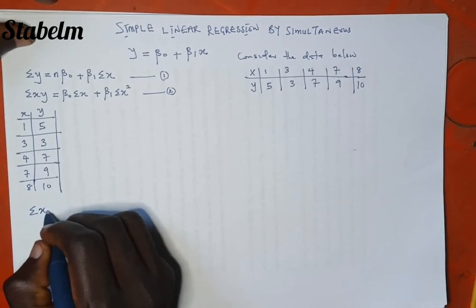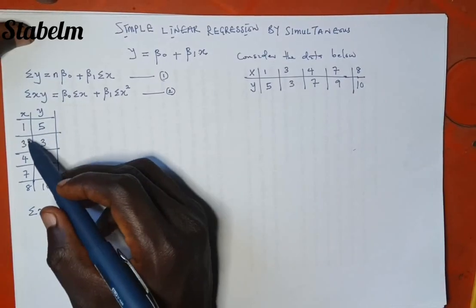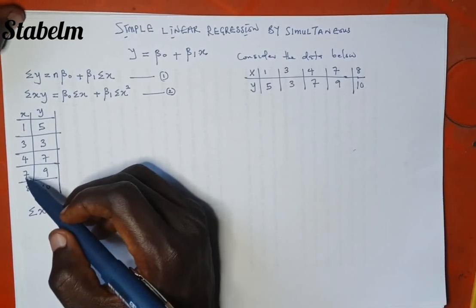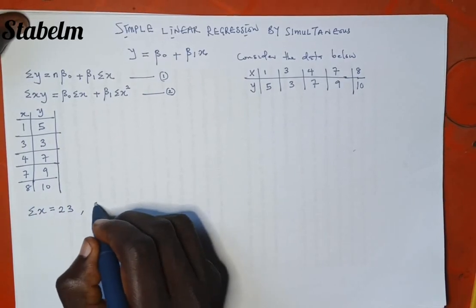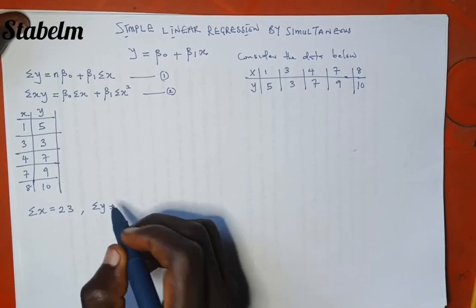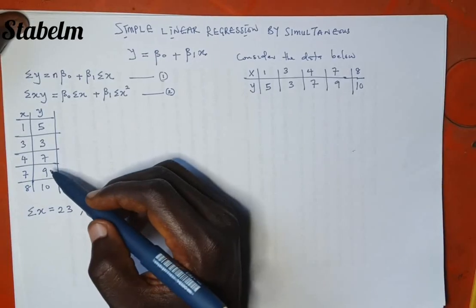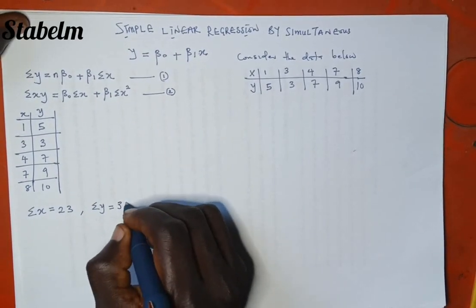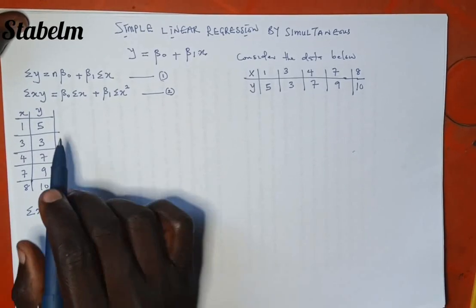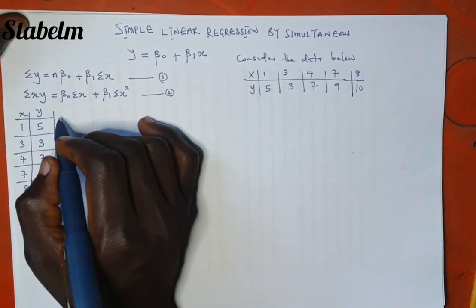So first we have summation x equals 1 plus 3 plus 4 plus 7 plus 8. That is 23. Summation y equals 5 plus 3 plus 7 plus 9 plus 10. That is 34. So next we need the xy column.